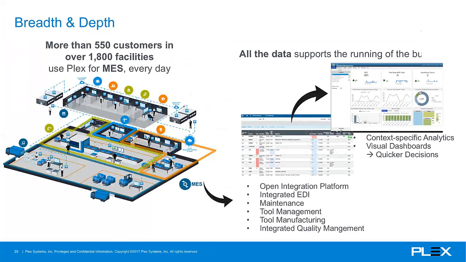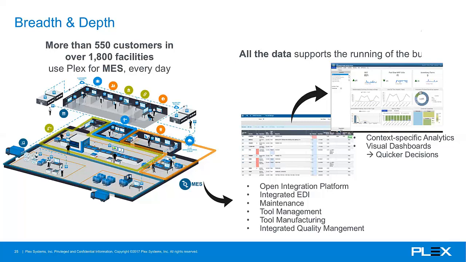With the amount of data we manage, we see an ever-increasing opportunity to provide increased visibility and insight for manufacturing enterprises. We have over 1,800 manufacturing facilities using Plex MES to run their business every day, generating a significant number of transactions directly from running critical plant operations.